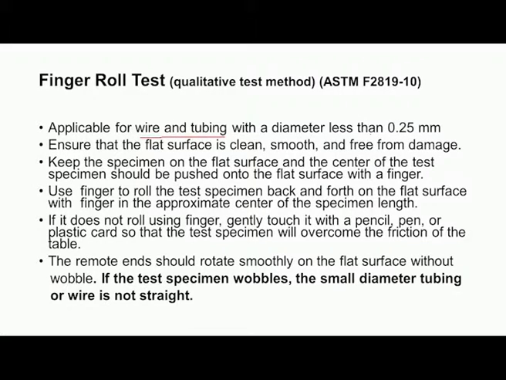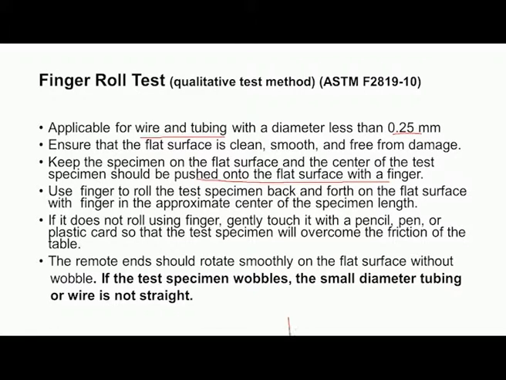If the diameter is less than 0.25 millimeter, then this finger roll test can be used. We should ensure that all the equipment, the surface plate and the wire, are perfectly cleaned, and then we keep the specimen on the flat surface, and the center of the test specimen should be pushed onto the flat surface with the finger.